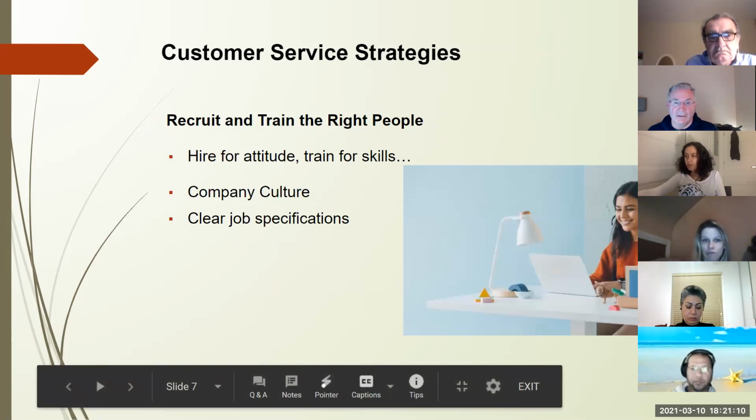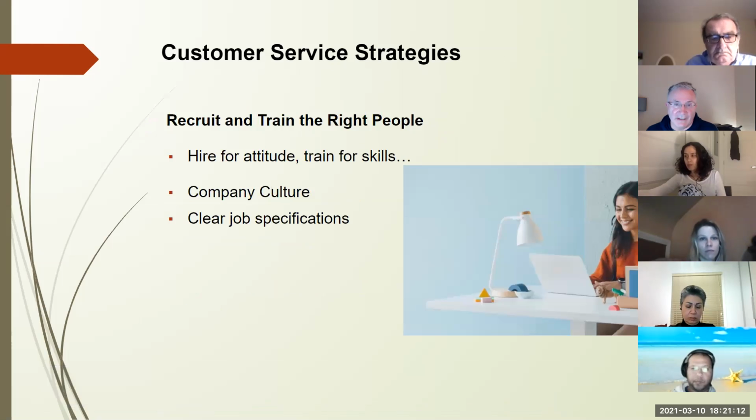Right. So customer service strategies, training and recruiting the right people. There again, the use of the word "right" certainly leaves a lot for questioning. Certainly, what's a right person and what's a wrong person?